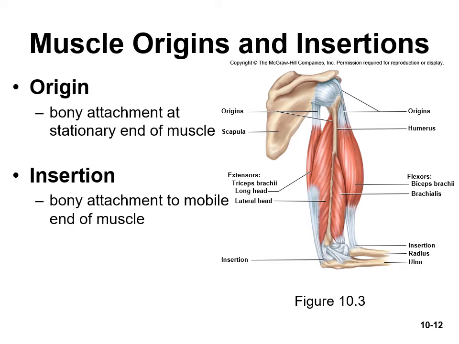So the ulna is what moves and the scapula holds the tricep stable, holds it stationary. Otherwise the scapula would just come towards the ulna and we wouldn't get the extension of our elbow. We would just get our elbow being pulled towards our scapula, which is a useless movement. So the origin is the bony attachment at the stationary end of the muscle, and the insertion is the attachment at the mobile end of the muscle.